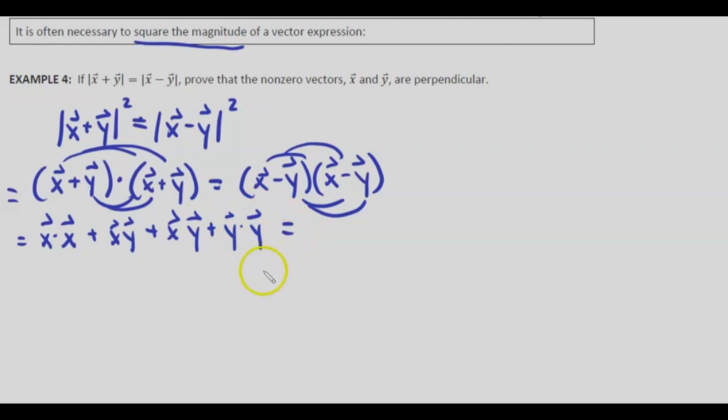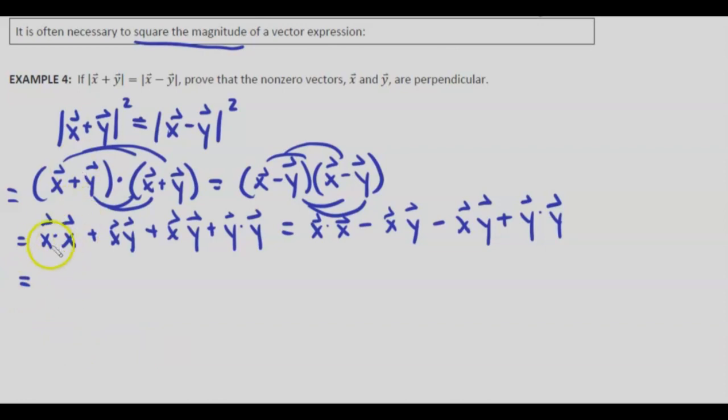Okay, and that's going to equal, then let's expand this, vector x times vector x, and then that's going to be a minus because this is negative y. So vector x times vector y, okay, this middle term as well, minus vector x times vector y, okay, plus vector y times vector y. Okay, full expansion there.